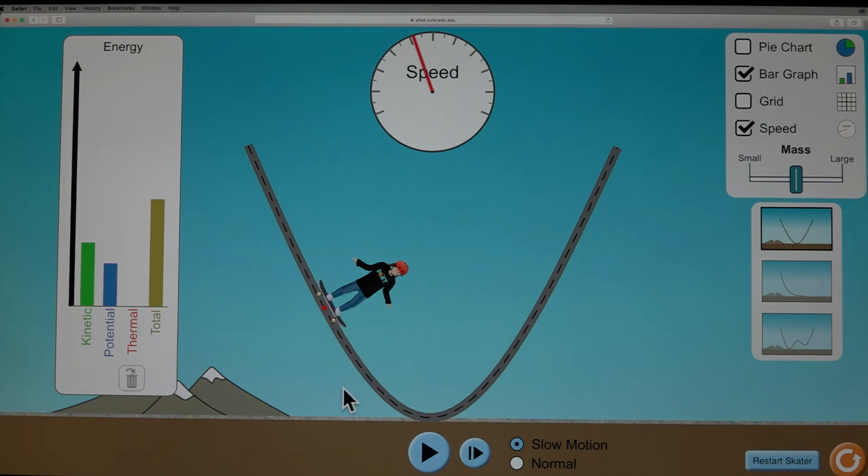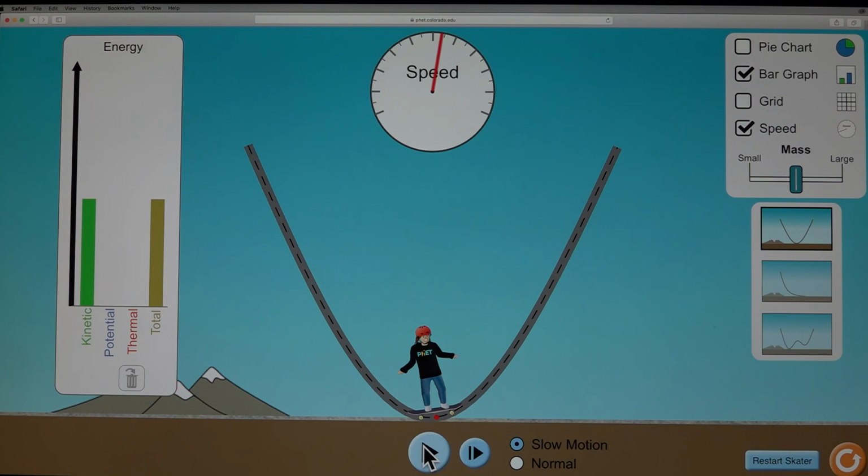So the value of h is decreasing. And at this position, the skateboard is at the ground. So h here is 0. And this is shown here in the graph. Potential energy is 0. But the body possesses the maximum kinetic energy.